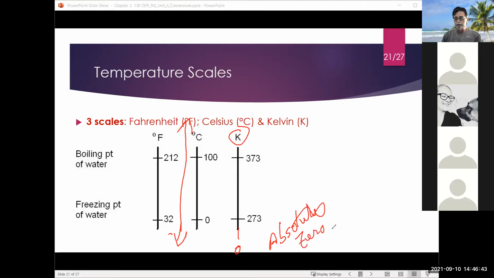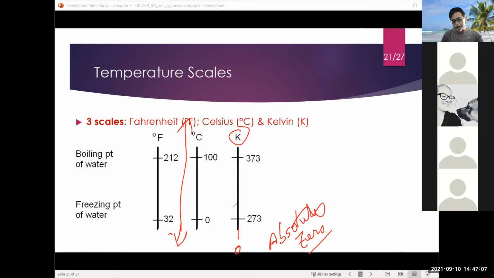This is what has been proposed, that all matter stops movement completely. Even as you get down to cold temperatures, the molecules themselves are vibrating in the solid phase, so they're still moving. But when you get to that position, even that's supposed to stop. We've not reached that position, came close, but not close enough yet.